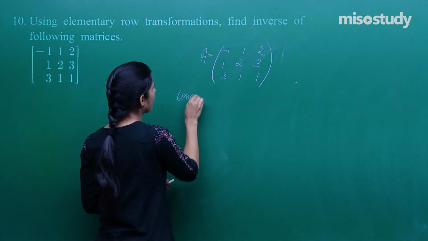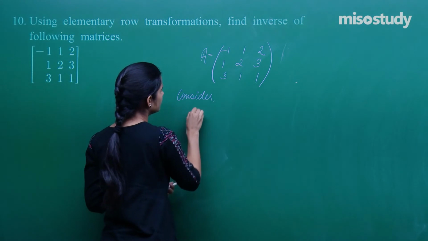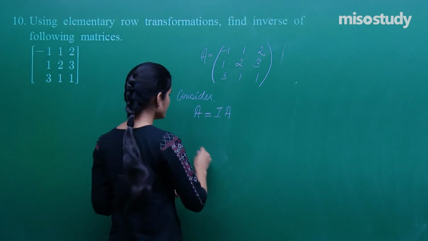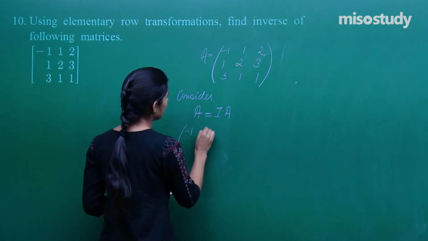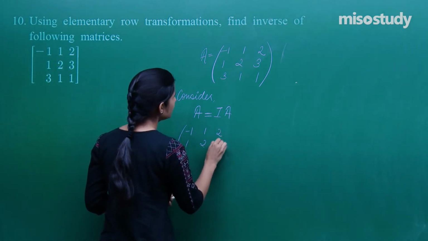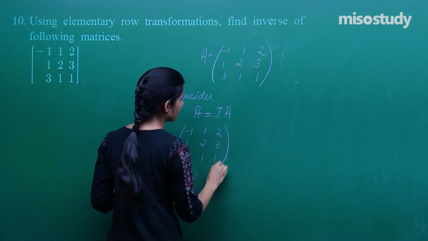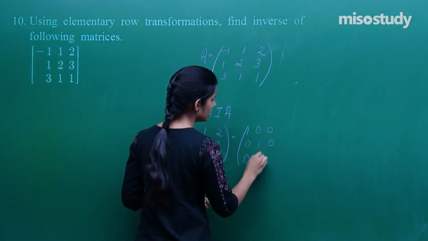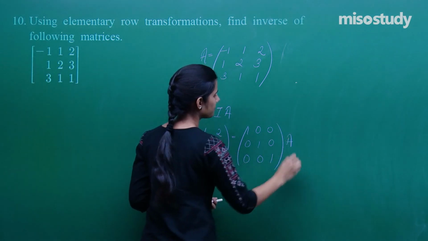Consider A is equal to IA. That's what we do, that's the algorithm. So now A is minus 1, 1, 2, 1, 2, 3, 3, 1, 1 equals I, 1, 0, 0, 0, 1, 0, 0, 0, 1, A.